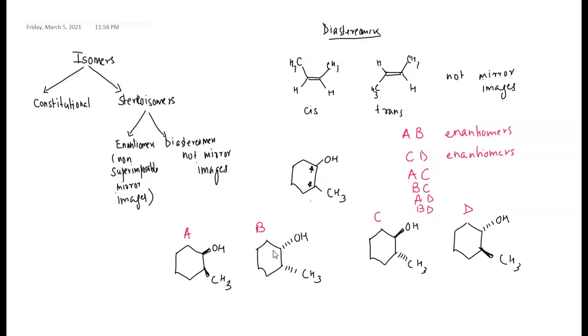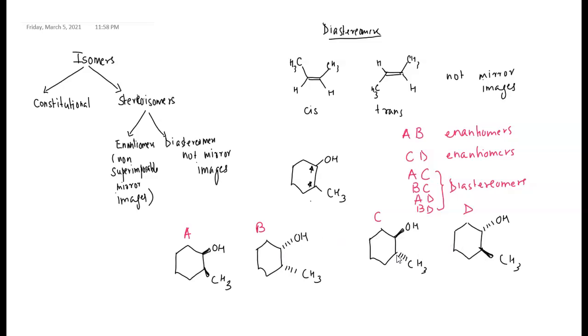If you look at A and C, B and D, B and C, and A and D, they are not enantiomers. However, they are isomers of each other, right? So these are what are called diastereomers. They are not mirror images of each other, but they do have an isomeric relationship with each other. So A and C, or B and C, A and D, and B and D. These are all diastereomers.